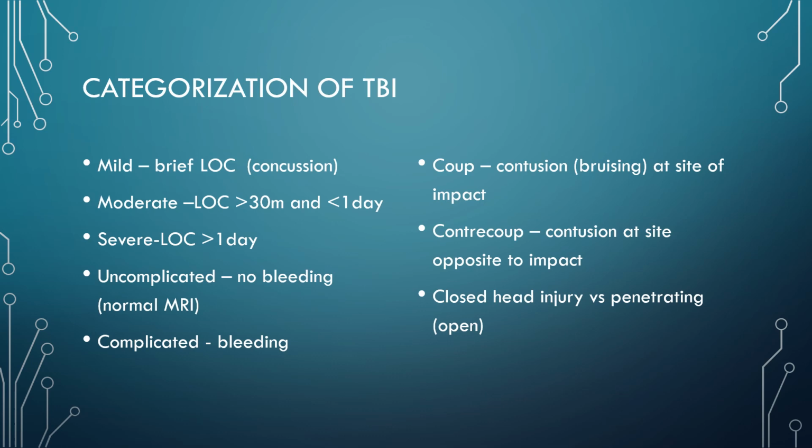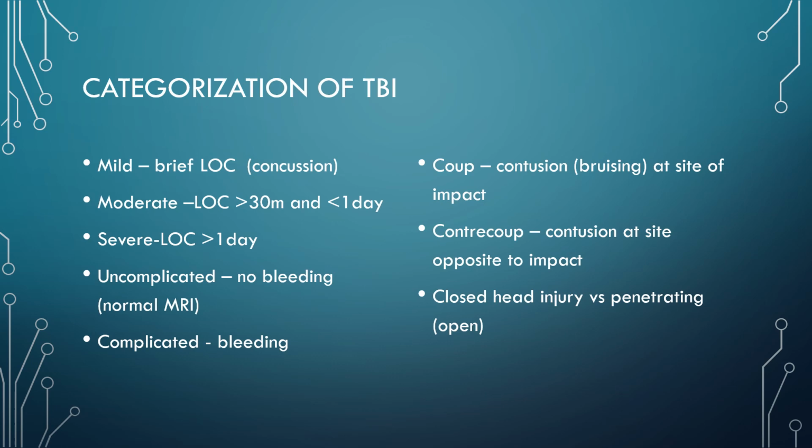Contrecoup means you have damage at the opposite side. And you would have that with shaken baby syndrome or whiplash in a car accident where you're projected forward and back. Anywhere that your head is shaken. And so contrecoup is that injury at the opposite side.